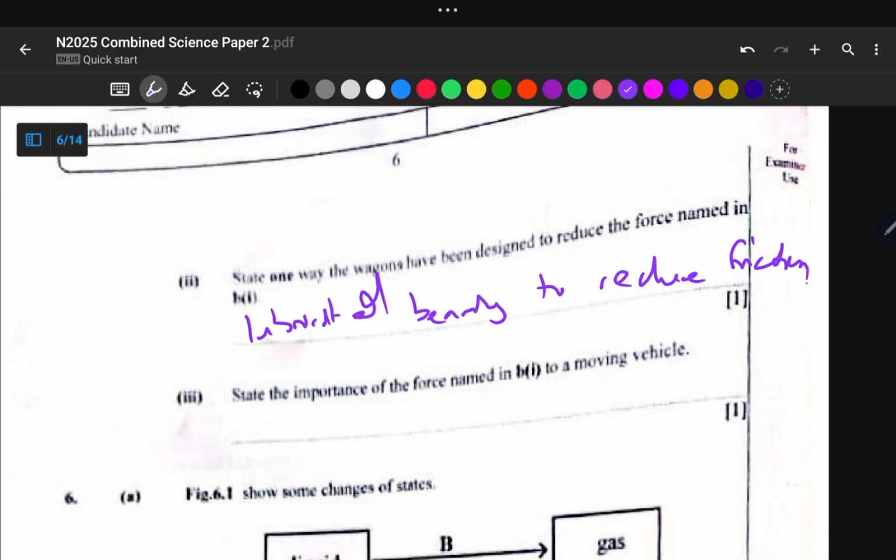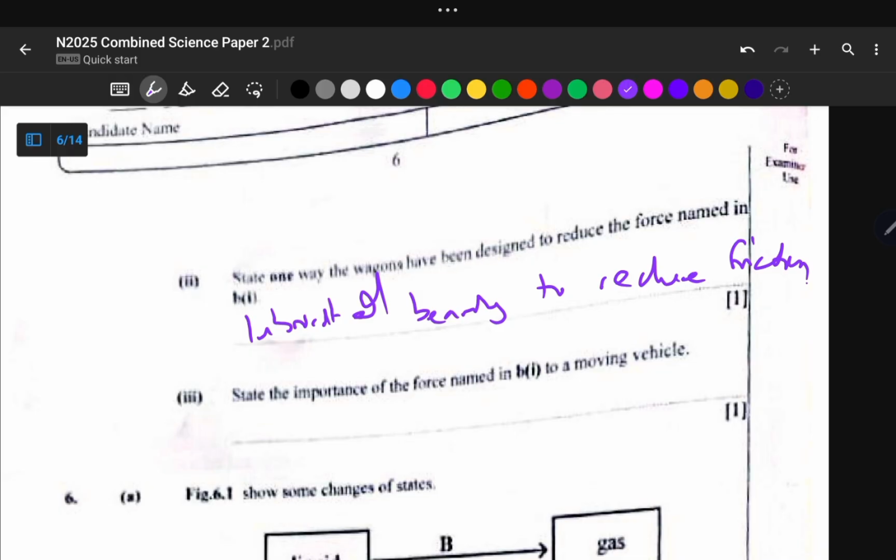Which says state the importance of the force named in B1 to a moving vehicle. What is the importance of friction to a moving vehicle? So the importance of friction is for braking, right, to prevent skidding, and also allowing for acceleration, right?